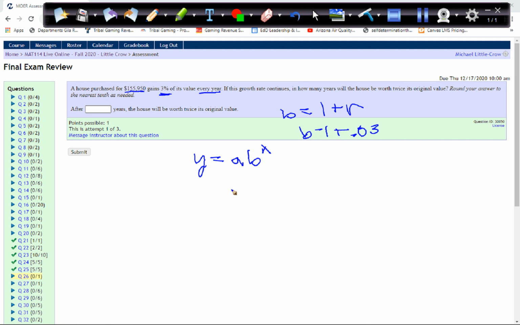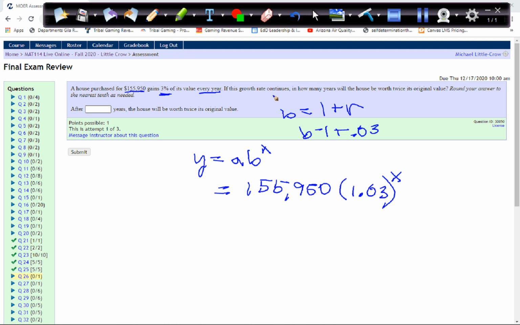So our equation is going to be the starting value, and then it's going to be 1.03 to the x, or to the t if you want. I like to use x if I get the choice.